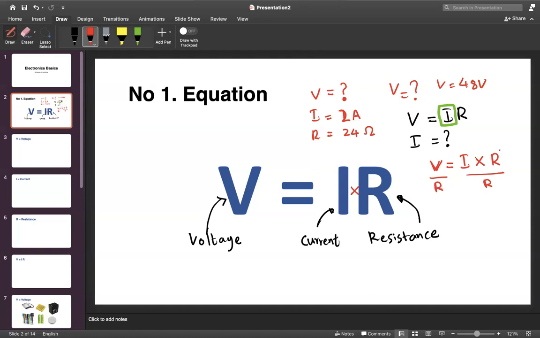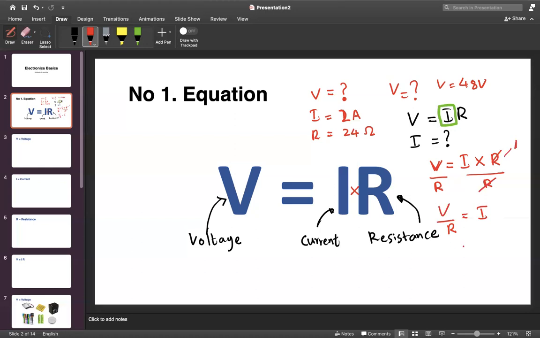Yes, exactly. This is a multiplication sign, not a plus sign. Therefore, R is cancelling off and it equals 1. So then I get an equation, V divided by R is I.